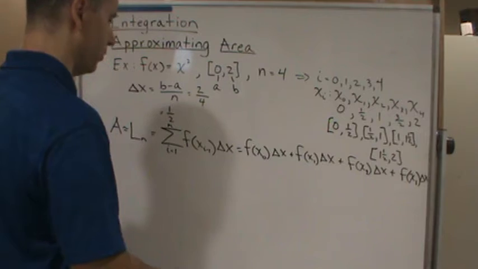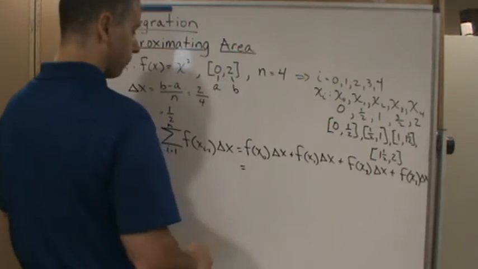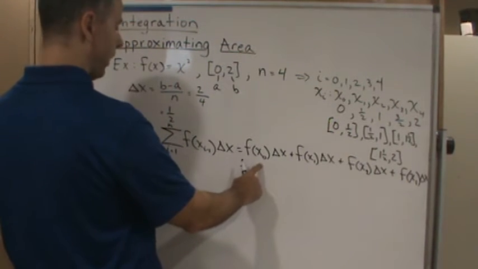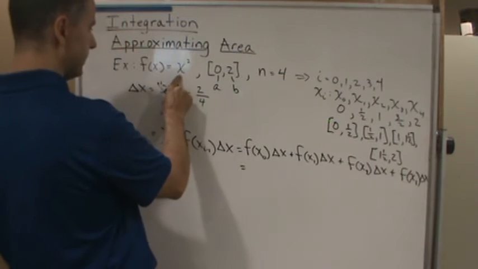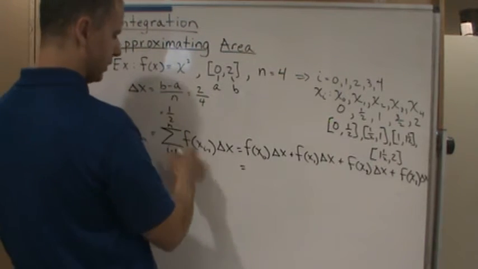Now all I'm going to do is substitute. F of x is x squared.